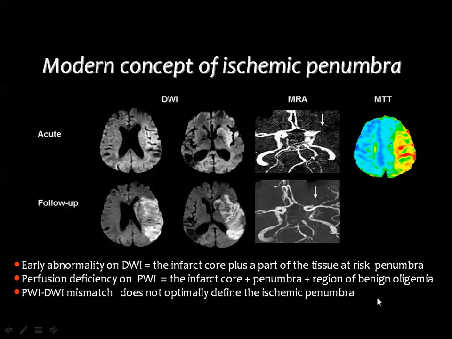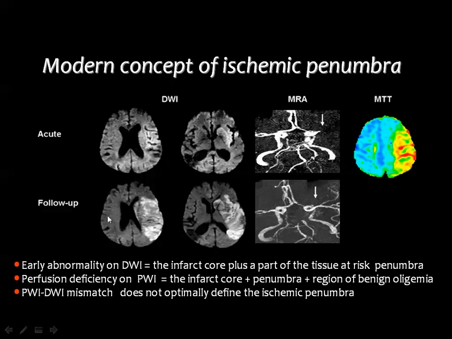Then what is the role here? You see that in the acute state, and this is the diffusion weighted images showing a small lesion in the left temporal lobe.